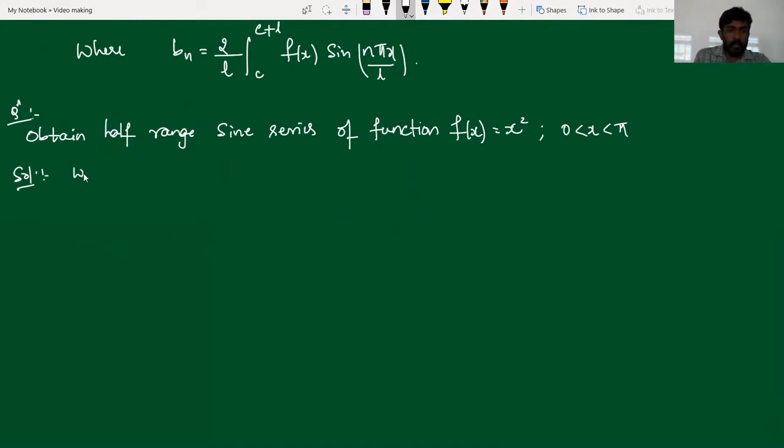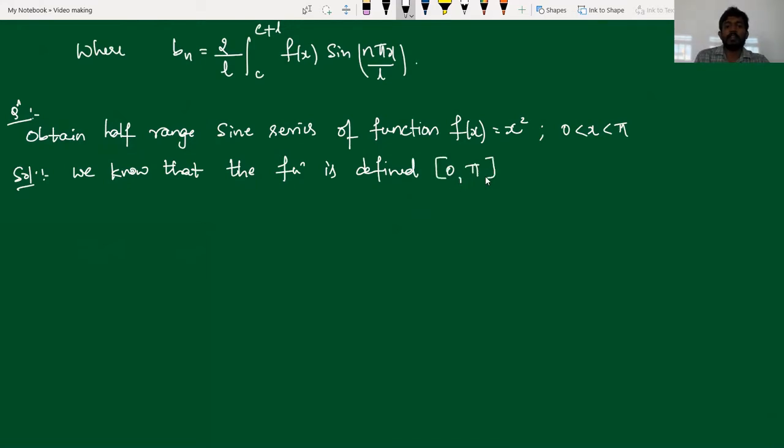So we know that the function is defined on the interval 0, pi.